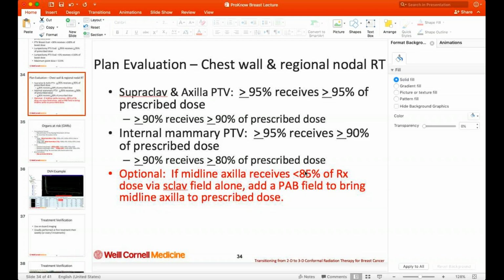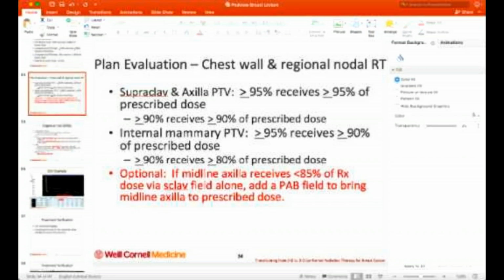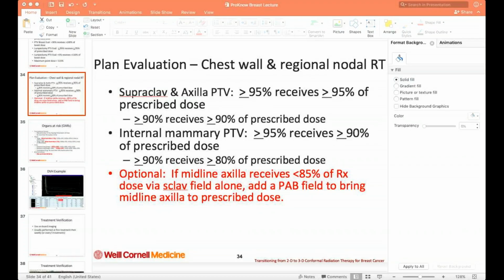They let it be about 10 gray coming from the posterior aspect of the field. So people vary in how much, but it definitely is not nearly 50% of the dose coming from there. You should not have 25 gray coming through your PAB. It's usually about 10 gray coming posteriorly from the PAB.